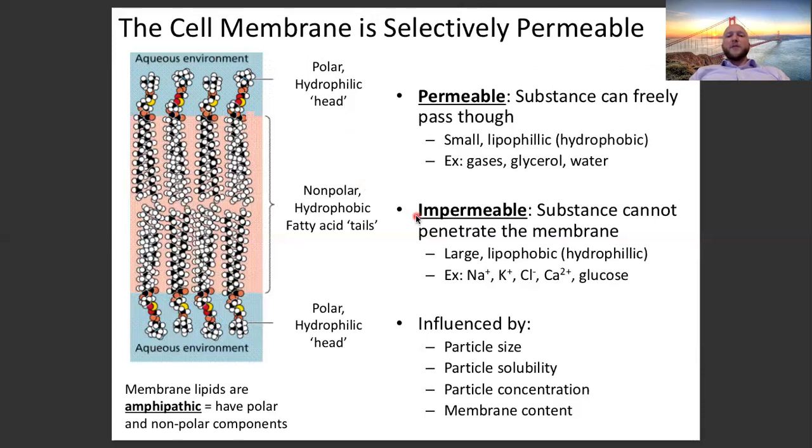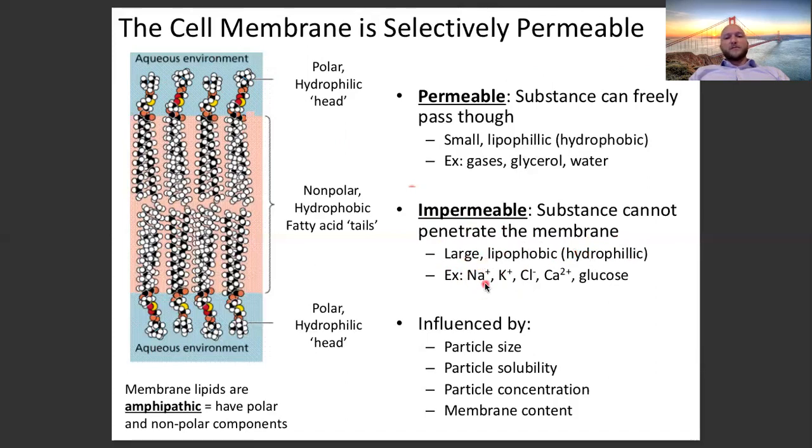Those things that cannot move through are impermeable. The larger a molecule is, the less likely it is to move through the membrane. The more lipophobic or hydrophilic something is, so the more polar or charged it is, the less likely it is to move through the membrane.